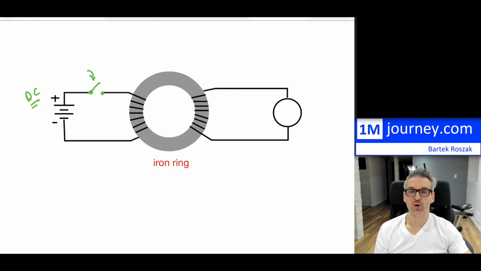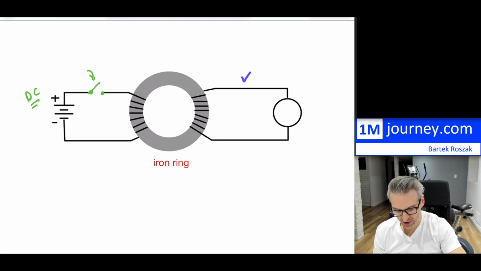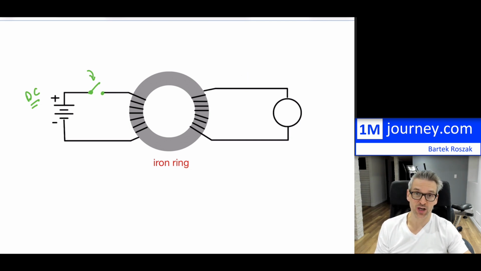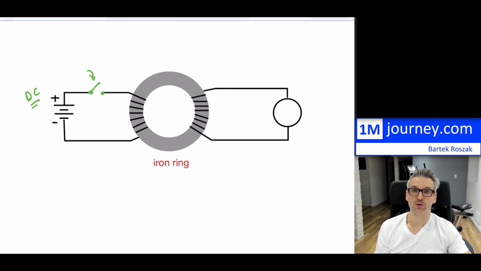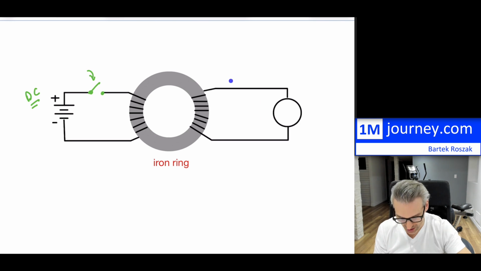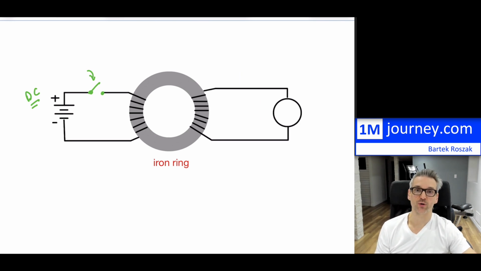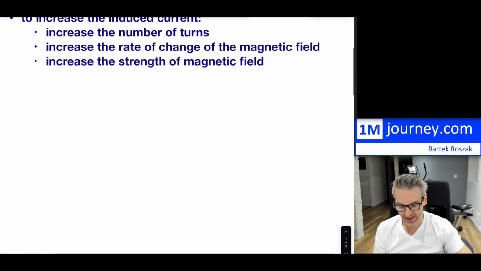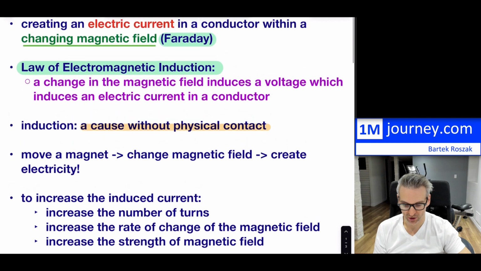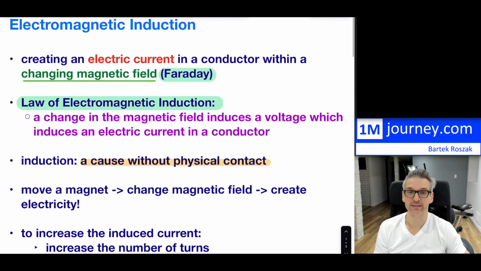You would have noticed a little spike on the closing of the switch because there's a changing magnetic field. And you would have noticed that if this was opened back up, so it went from a magnetic field to no magnetic field, there is a little bit of a change in the current here, and then it goes blank.